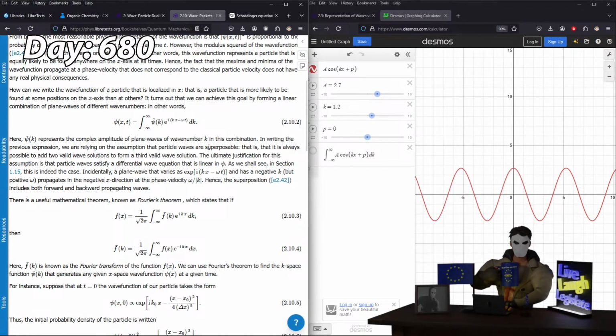In physics, we are allowing the atomic particle waves as superposable, that it's always possible to add.